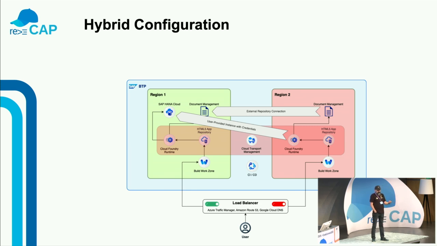And during a disruption, I need to put some kind of load balancer in front of my Workzone. To achieve this, I need to set up a custom domain in the Build Workzone in region 1 and also in region 2, and they need to point to the same custom domain, and the load balancer can redirect your request to region 1 or region 2 depending on availability.